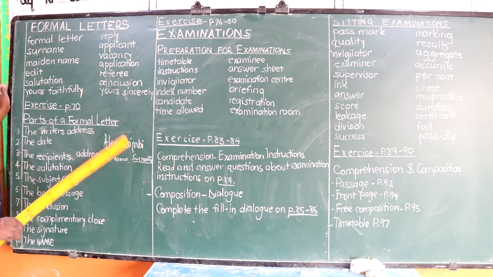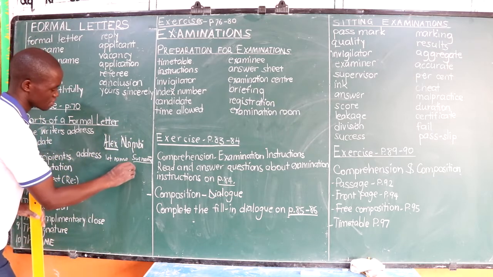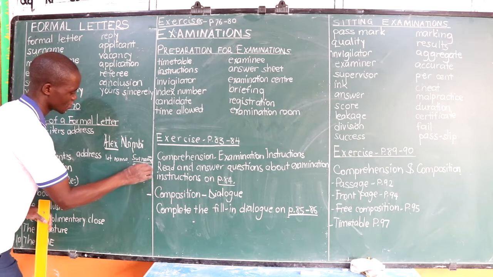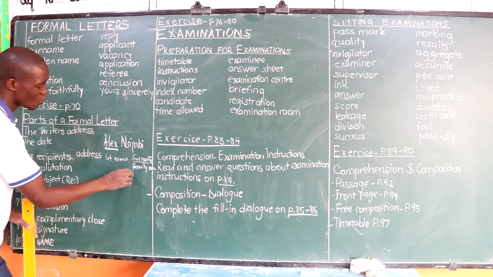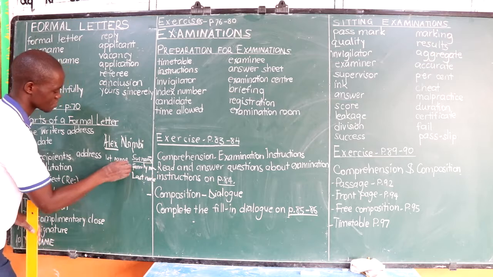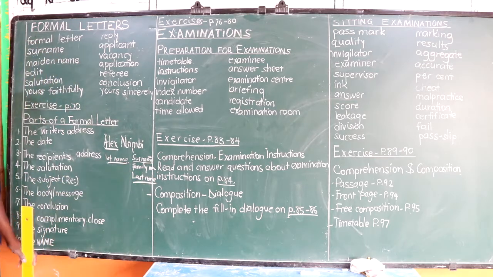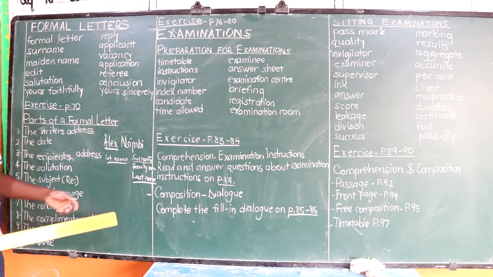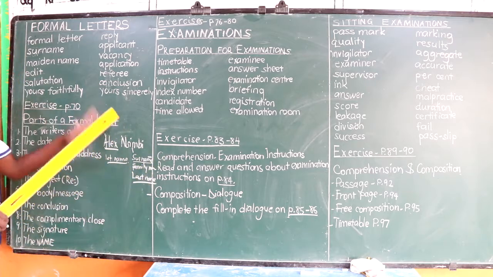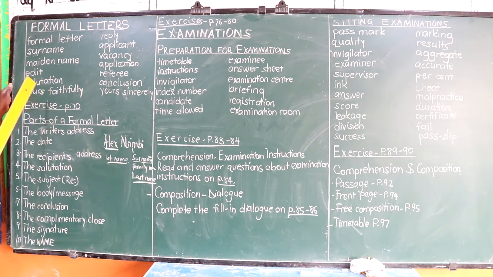Nsimbi is the surname, which one may call the family name, or the last name. Why is it called the last name? Because this is the first name, then this is the last name. It doesn't mean human beings must have only one name, only two names. Just take it like that. So a surname is one's family name.